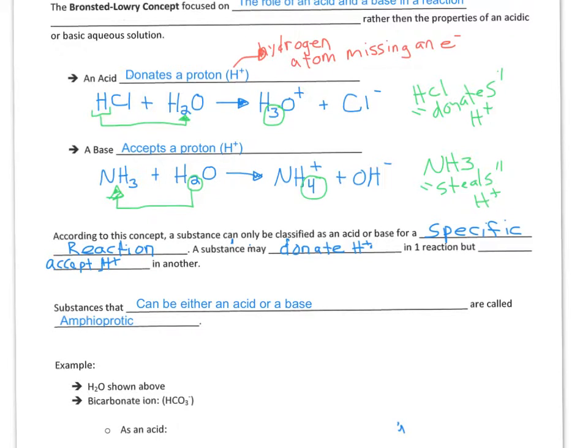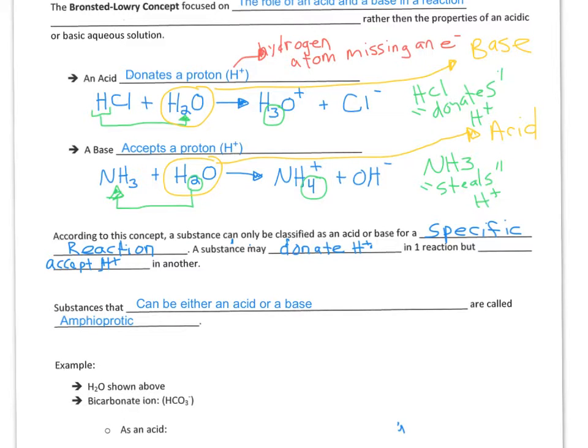So our big example here is water in our reactions. In this reaction, water acts like a base because it steals the proton. But in this reaction, water acts like the acid because it donates the proton.